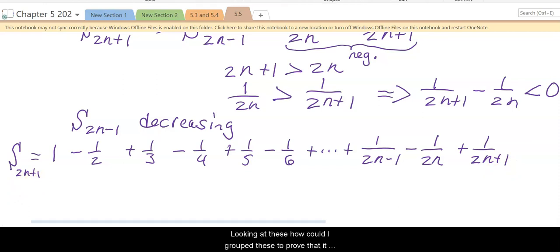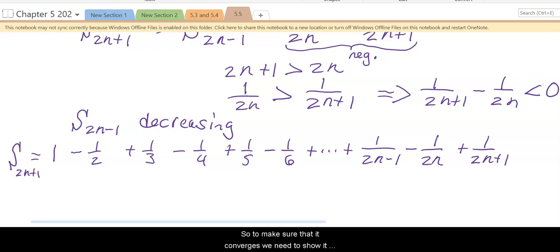Looking at these, how could I group these to prove that it is bounded above or below by some value? And which would it need to be, bounded above or bounded below? Previously, we saw that the even sequence was monotone increasing and was bounded above by 1. The odd terms for the partial sums are decreasing.